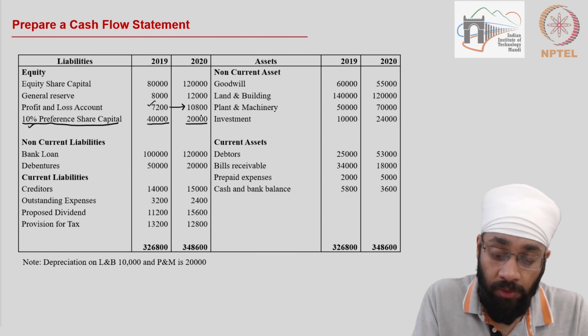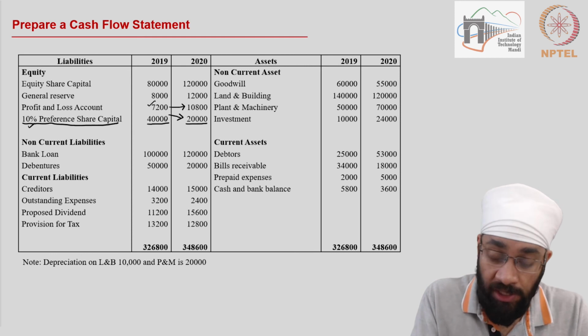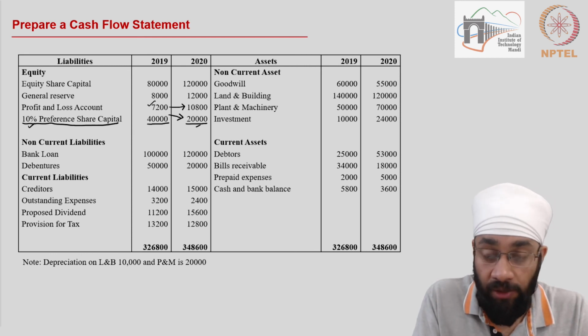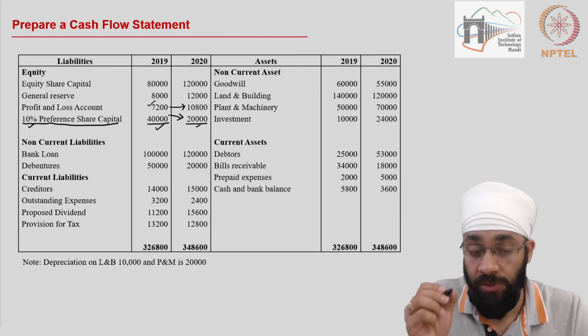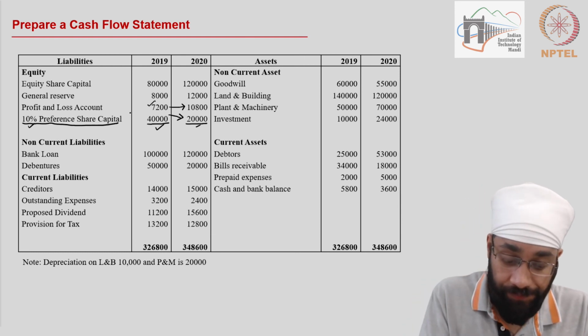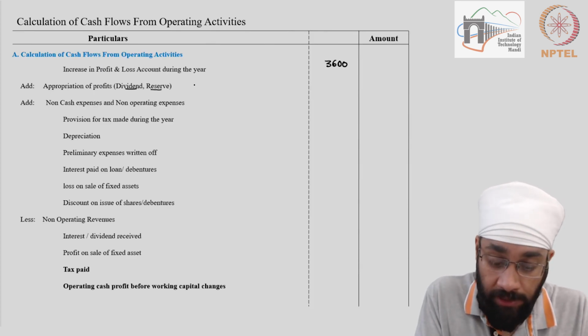So we are going to assume that the repayment has been done for the preference shares, but the repayment has been done at the end of the year. So dividend will have to be paid on the opening balance of the preference shares. So 4,000 as the dividend has to be added back.